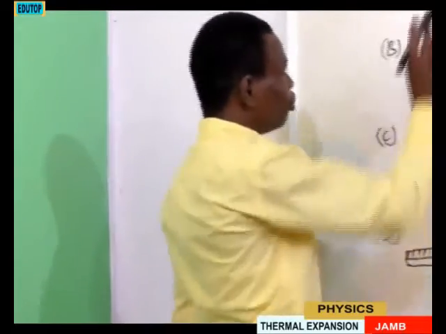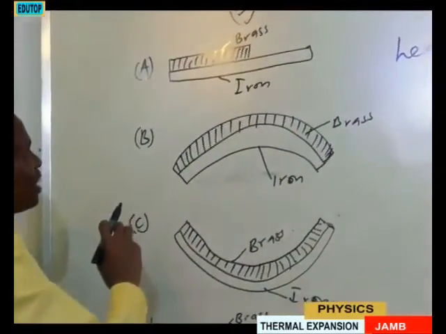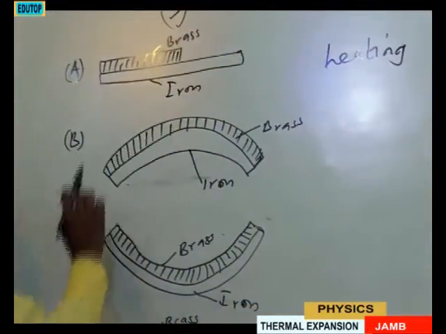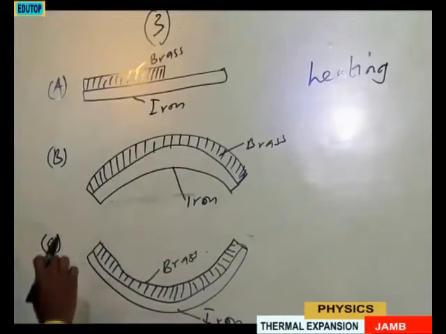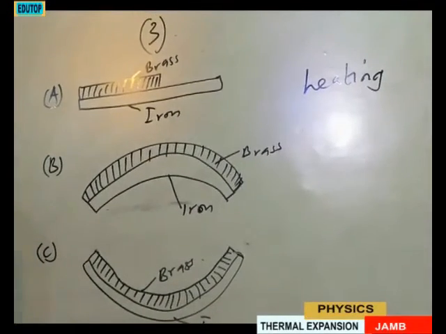The question says when we subject the two substances to heat, which of the diagrams above will accurately illustrate the shape of the strip after it has been heated.